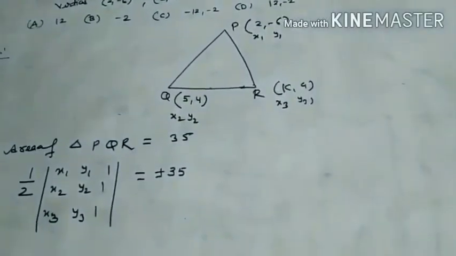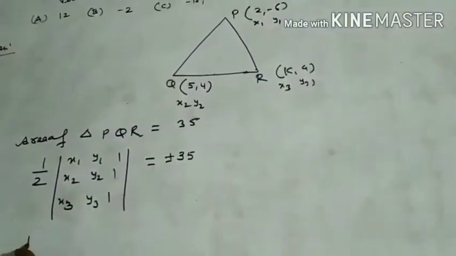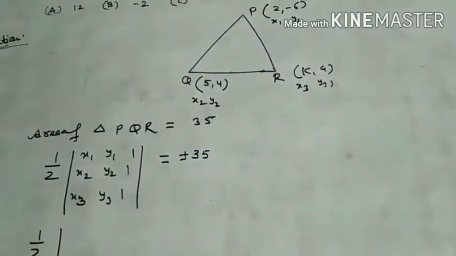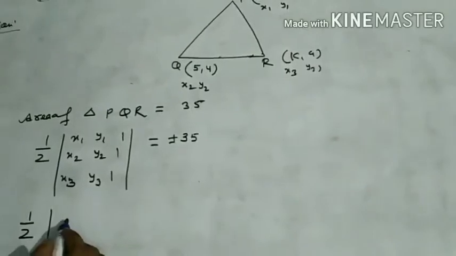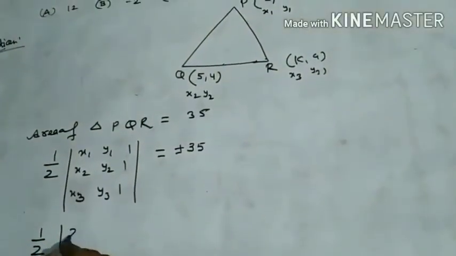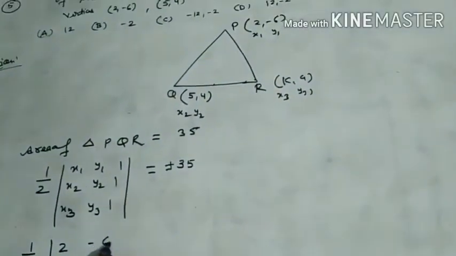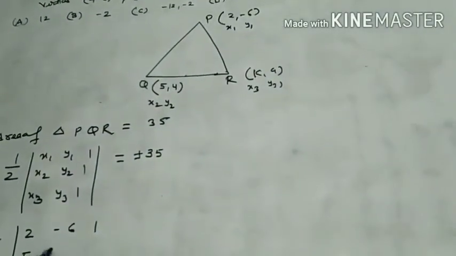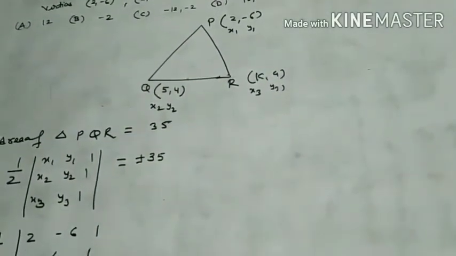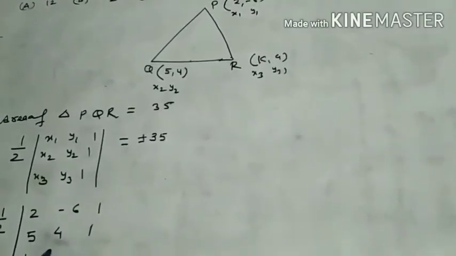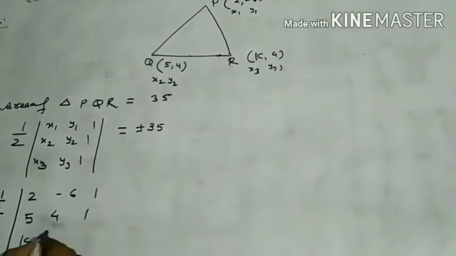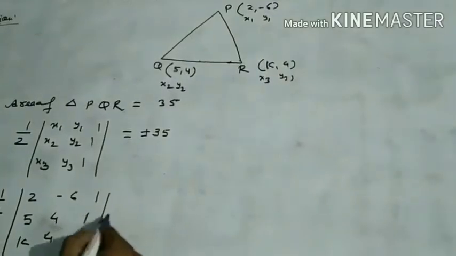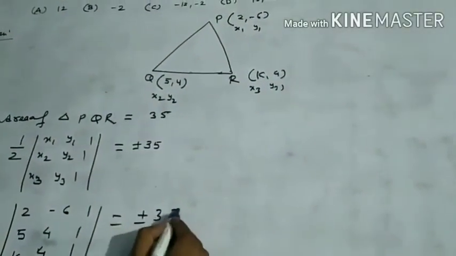Now this is equal to 1/2 times the determinant with x1 = 2, y1 = -6, 1; then x2 = 5, y2 = 4, 1; then k, 4, 1, and this is equal to plus or minus 35.